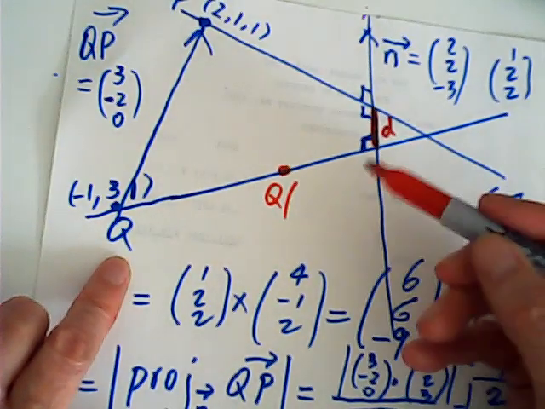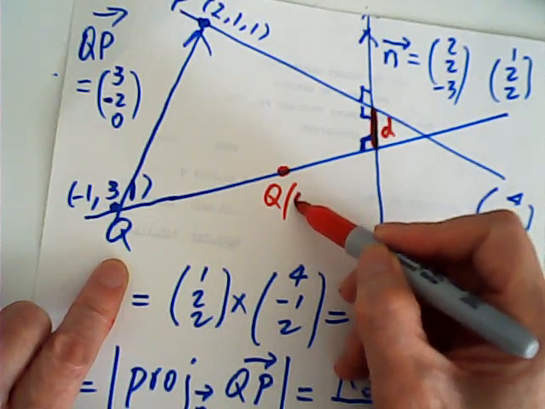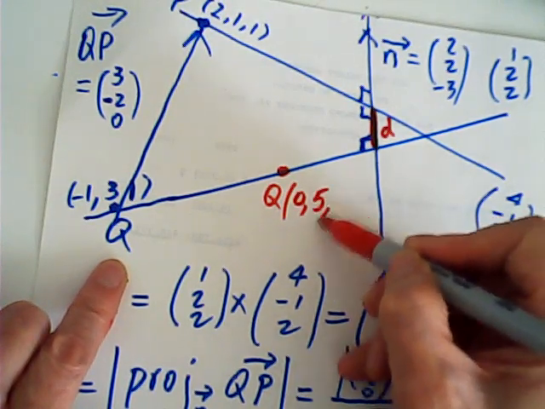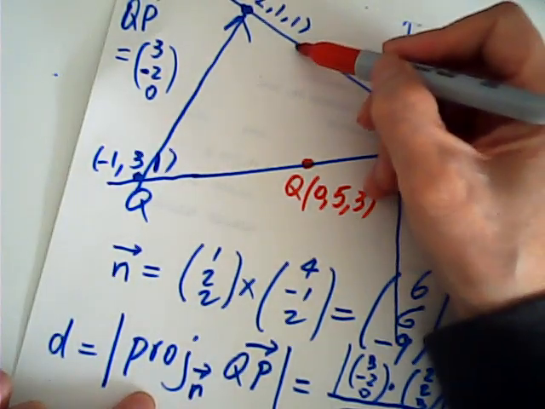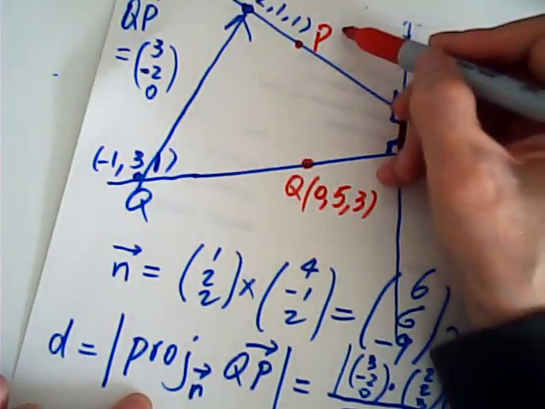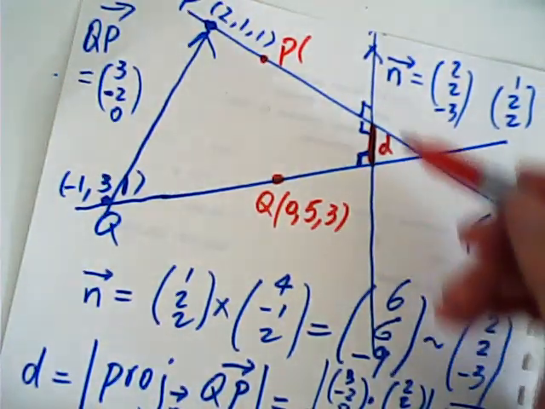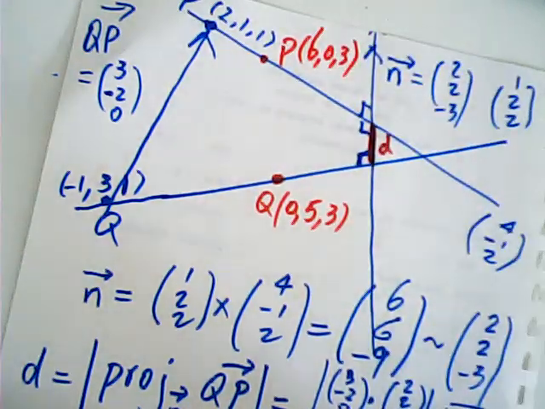Therefore, when t equal to 1, you can find Q is (0, 5, 3). And similarly, you can find P, right? P is (6, 0, 3).